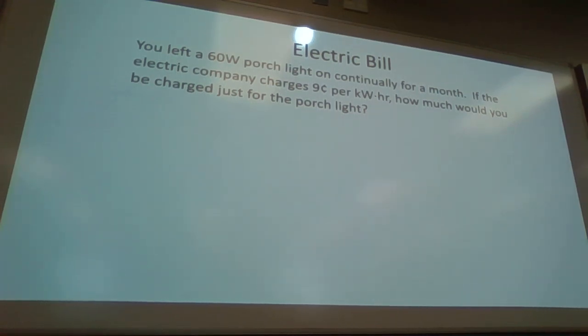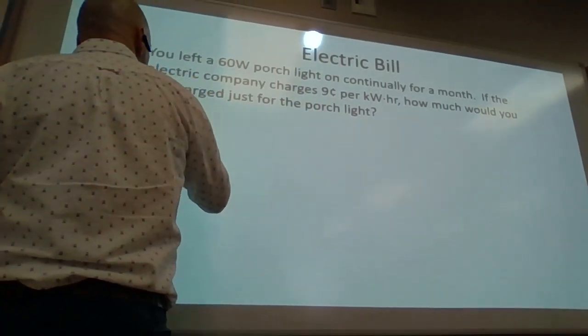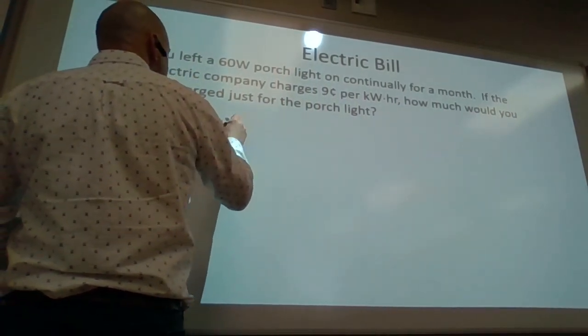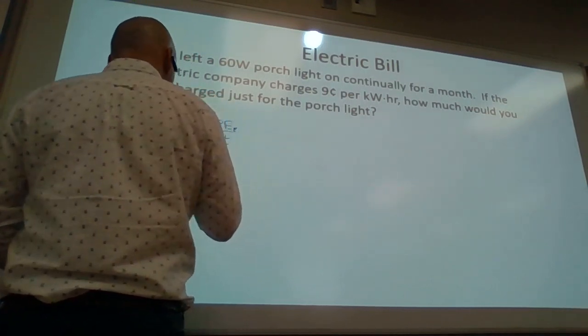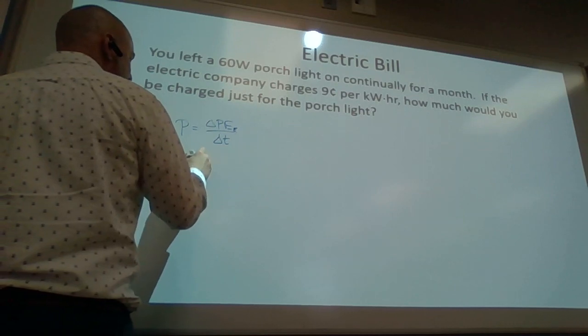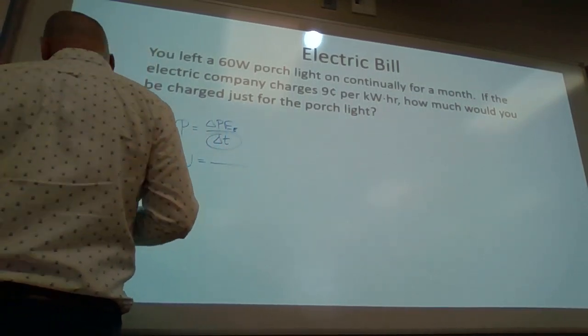So we're going to assume there are 30 days on average. Here we go. Power is equal to the energy, electric potential energy, over time. We've got 60 watts. What do I need to convert my time to? Seconds.